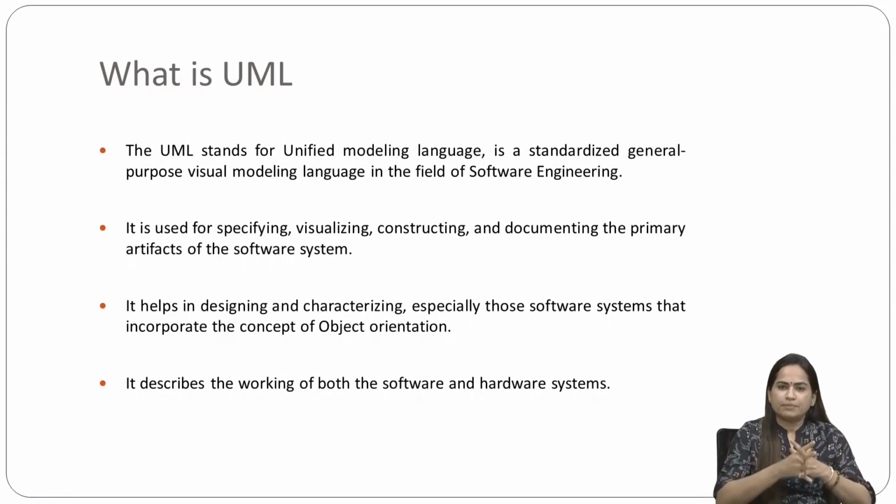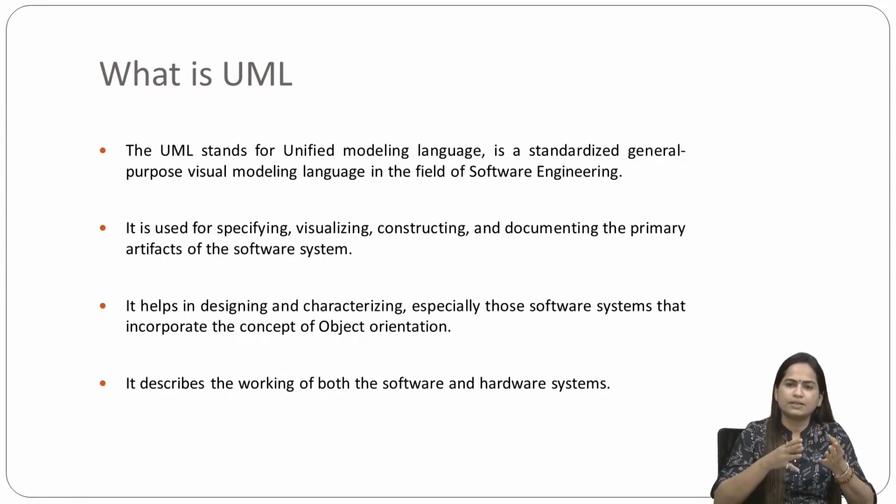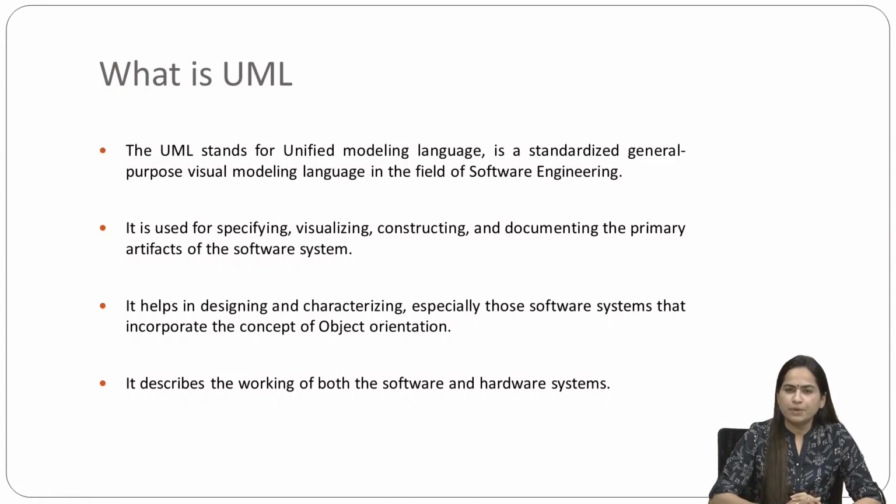So what is UML? When we are defining it, we can say UML stands for Unified Modeling Language. It is a standardized general purpose visual modeling language in the field of software engineering. It is used for specifying, visualizing, constructing and documenting the primary artifacts of the software system. It helps in designing and characterizing especially those software systems that incorporate the concept of object orientation.